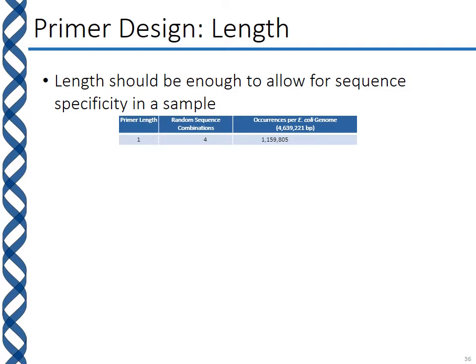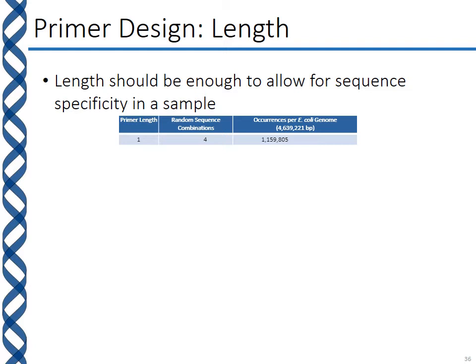As I said, with a primer length of 1, you have 4 different options, A, T, C, or G. And so if we imagine in our idealized E. coli genome that just happens to be unrealistically completely randomly distributed, you would have an equal number of A's and C's and T's and G's.